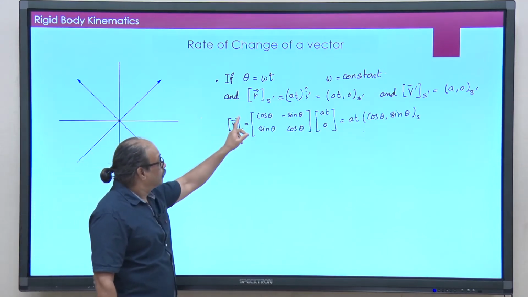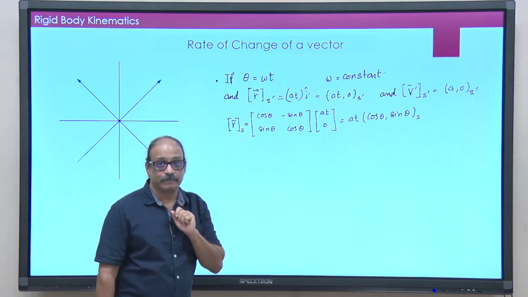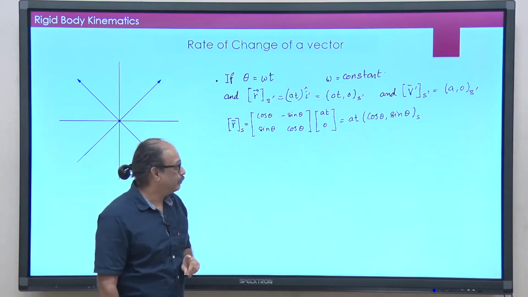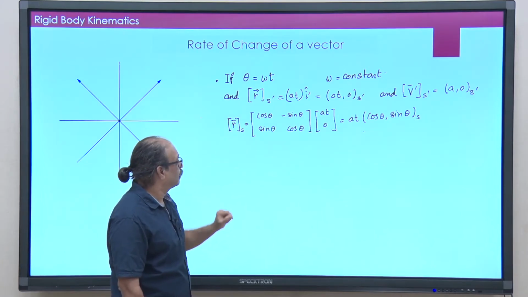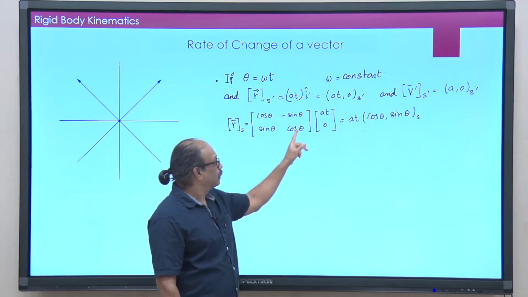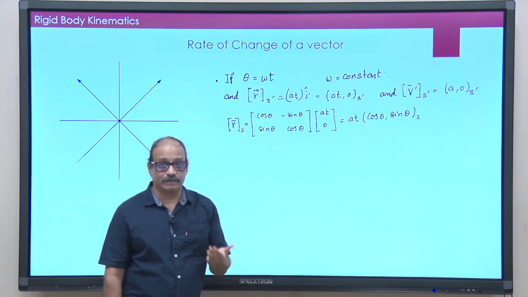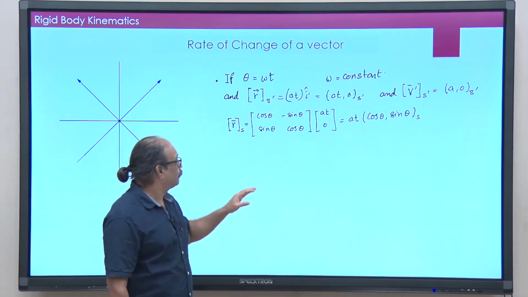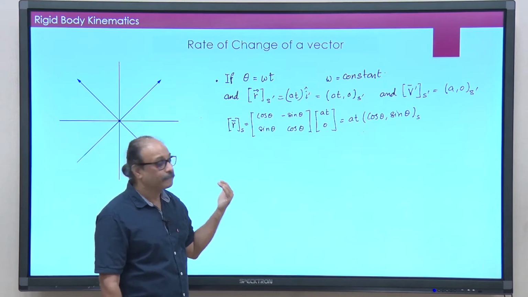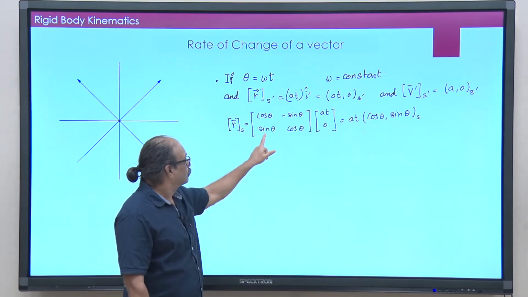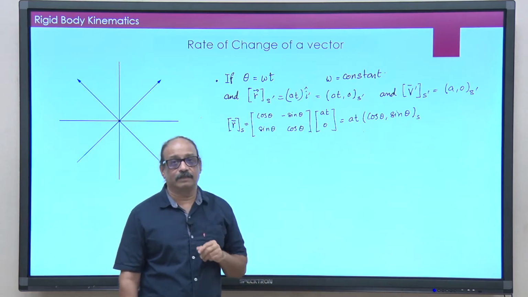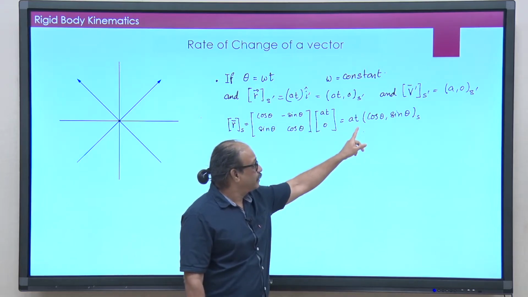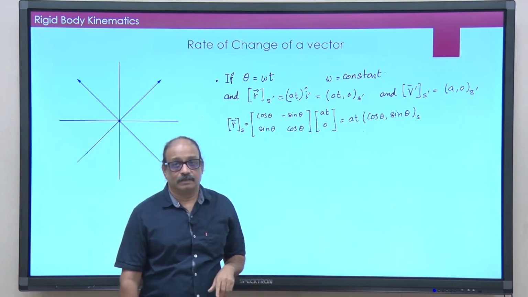The same vector when seen from the S frame I can calculate. So, r seen from the S frame would be equal to the transformation which I wrote in the previous slide, but now of course, we are writing the inverse transformation. So, I will take the inverse. I put that inverse matrix here onto the coordinates in the S prime frame, and that gives me a t times cos theta and sin theta.